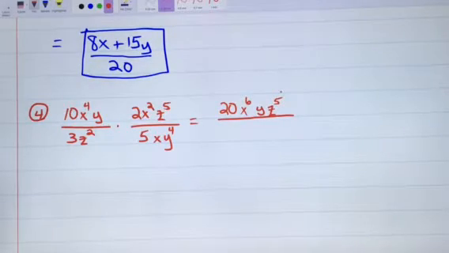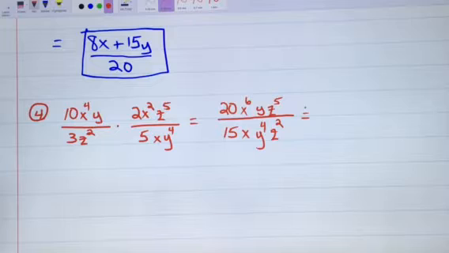So we have 20x to the 6th, then y times z to the 5th. Now in the denominator, we have 3 times 5, so we have 15. And in the denominator, none of the variables will repeat. So we have 15x y to the 4th z squared.